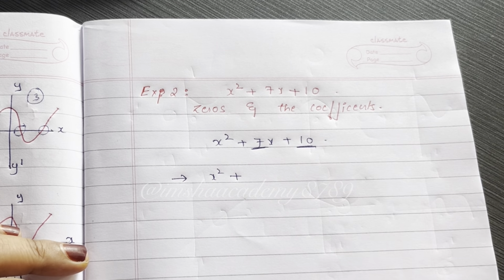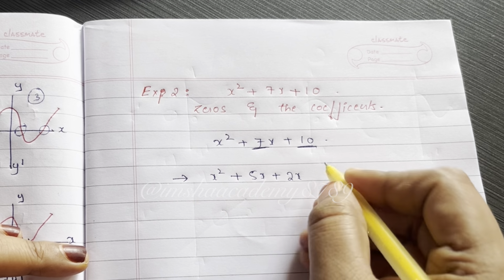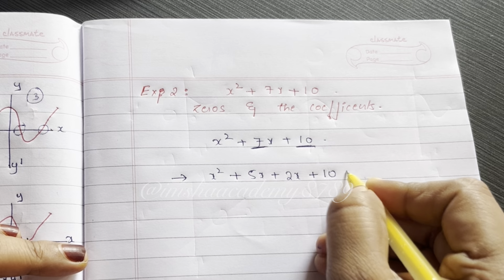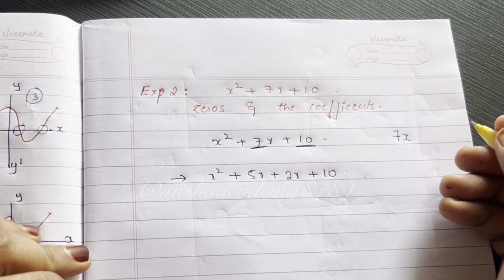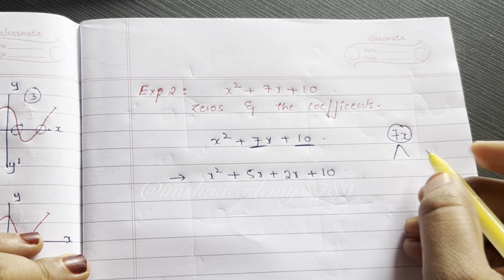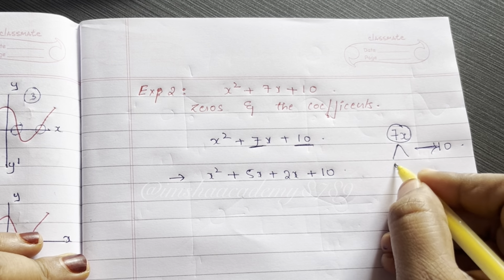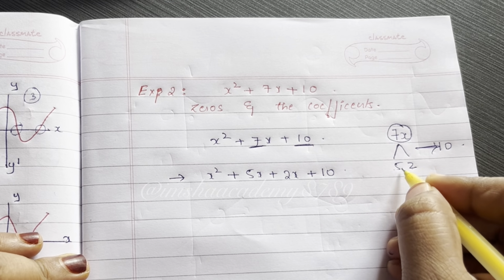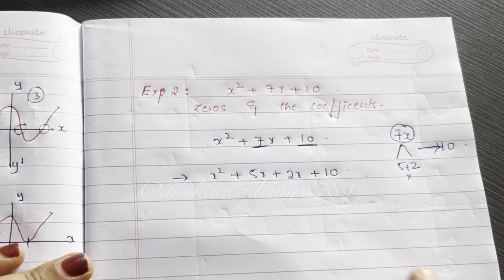When we add 5 plus 2, it is 7, and when we multiply them, it is 10. So 5x plus 2x plus 10. You have studied this in your previous classes.